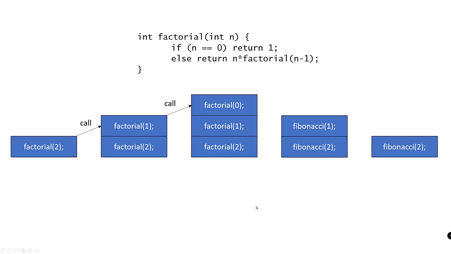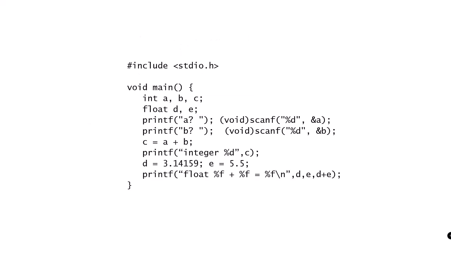At this point, the factorial of 0 is defined to be 1. We can compute from there the factorial of 1 and return it to the original function call, which then computes the factorial of 2.